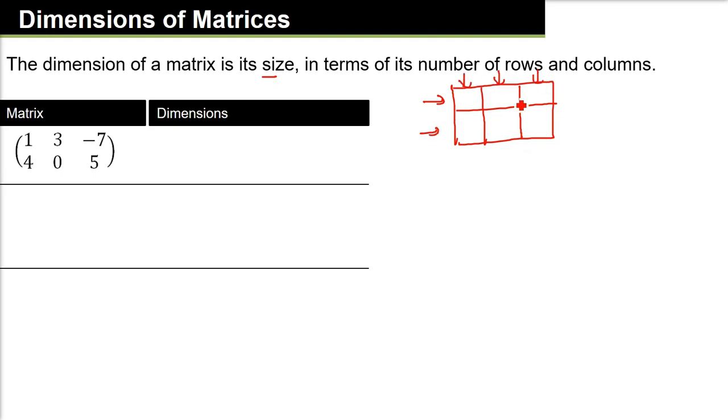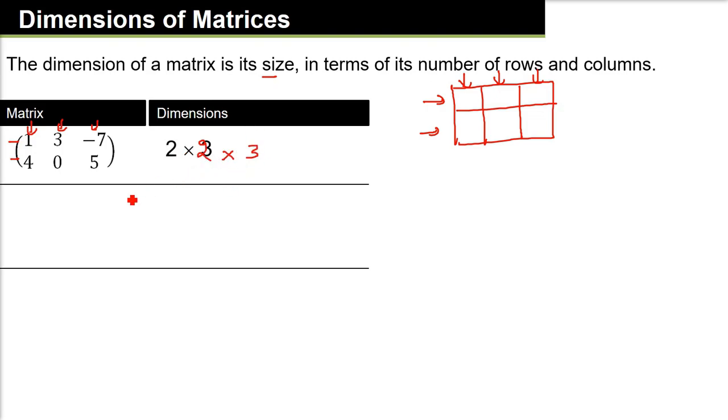So put 1, 3, -7 in the first row, 4, 0, 5 in the second row. For example, here you see there are 2 rows and how many columns? 1, 2, 3 columns.